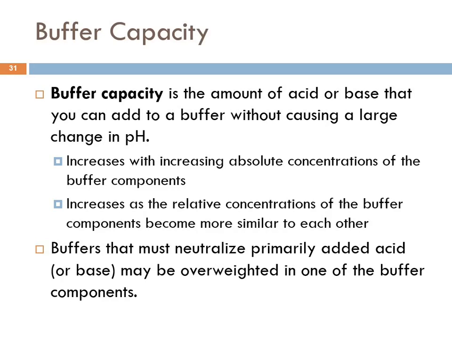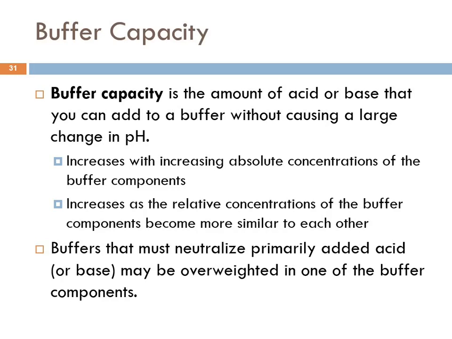What happens then is as you're adding, say, sodium hydroxide to your buffer, the concentrations of the weak acid and the conjugate base are becoming less and less similar, and eventually it gets to a point where you overwhelm the buffer. Now, some buffers are designed to primarily neutralize added acid or primarily neutralize added base.